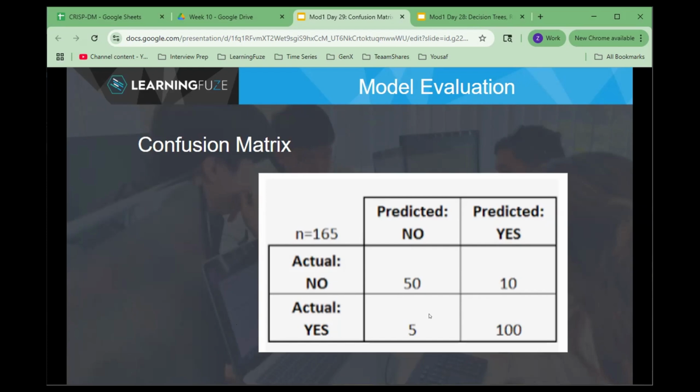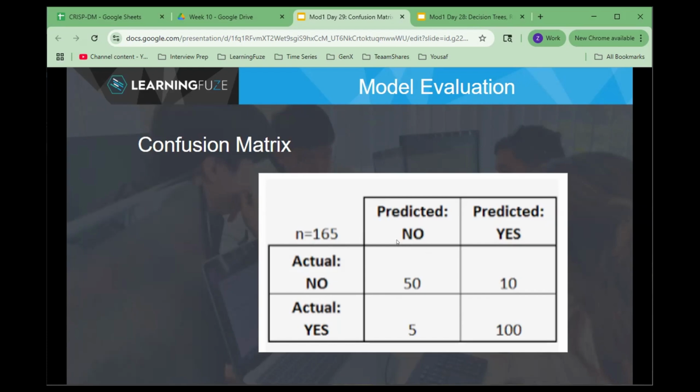In columns, you have predictions. The first column is prediction no, and the second column is prediction yes. So a confusion matrix is set up like this: in rows, it has actual or true values, and in columns, it has predictions. That's how a confusion matrix is generally set up. It could be the other way around also, but generally it is set up like this, and in sklearn, it is set up like this.